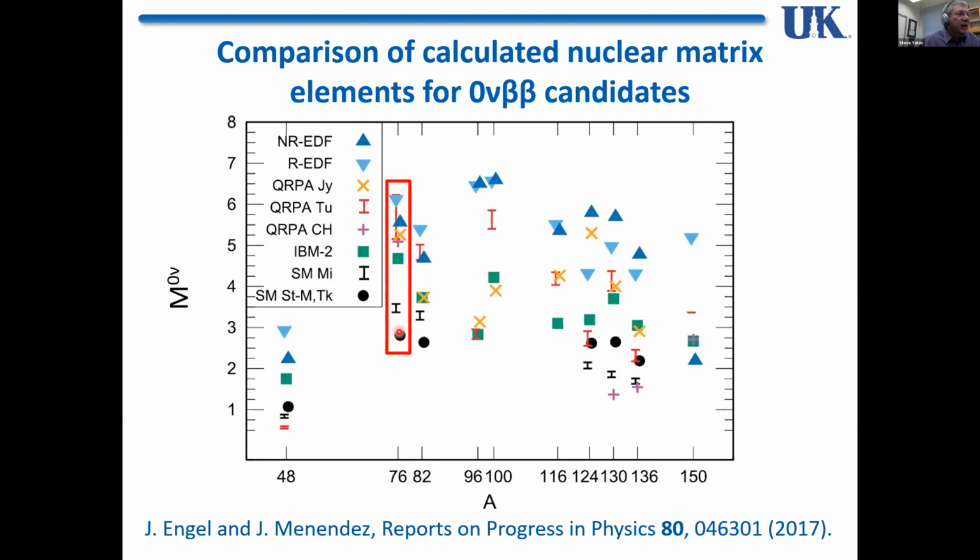The one we're looking at is here. And you can see in going from things like quasi-particle RPA to the shell model calculations, you see about a factor of 2.5 or so in magnitude. And remember, this is squared, so this is going to lead to a large uncertainty in the decay rate. So we'd like to constrain that, get a better idea on it.